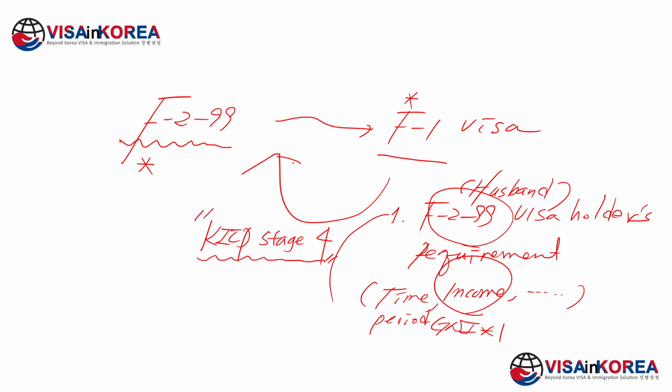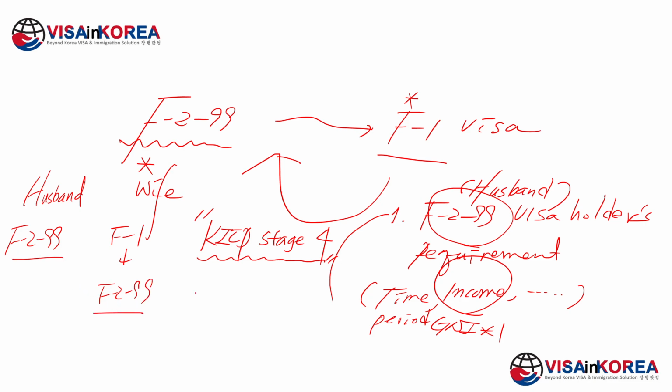So what is the benefit of that? The first one: when you apply for F-5-1 permanent residency, you and your husband can combine your incomes to meet double the GNI.